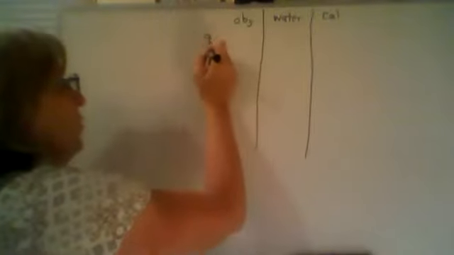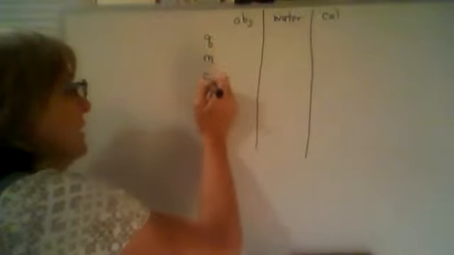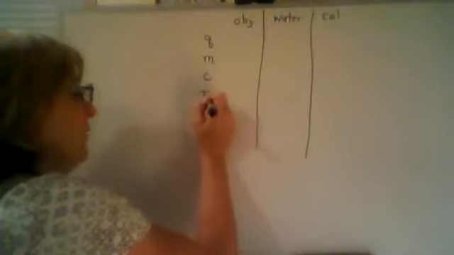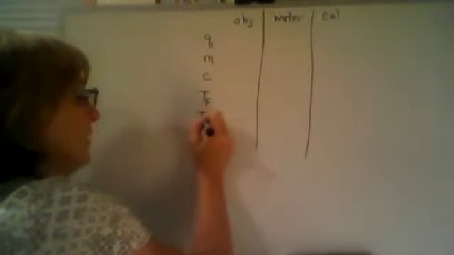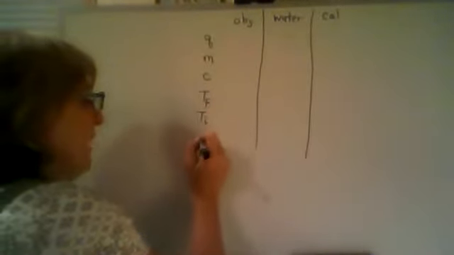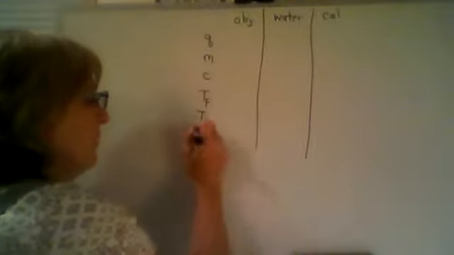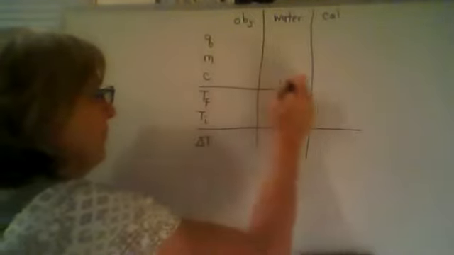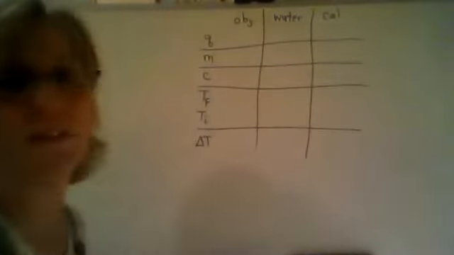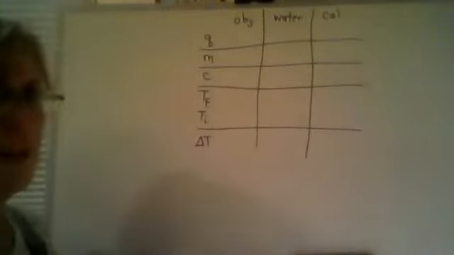We need the Q, the mass, the C, the final temperature, the starting temperature, and the delta T. Okay, you see it doesn't take you that long just to kind of make that out.